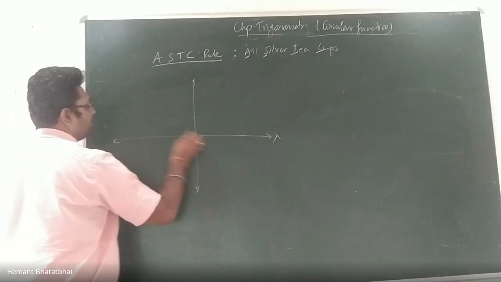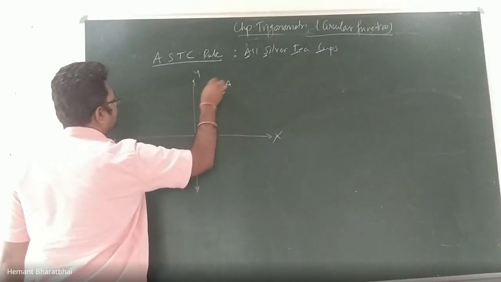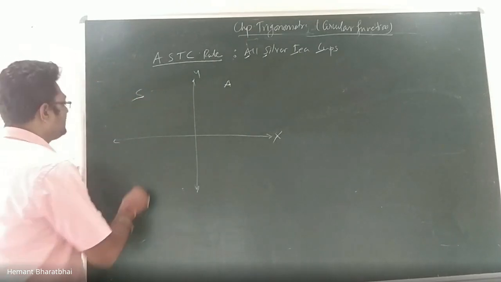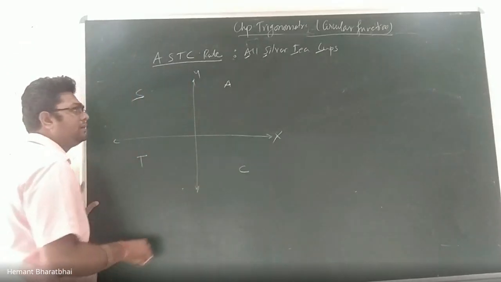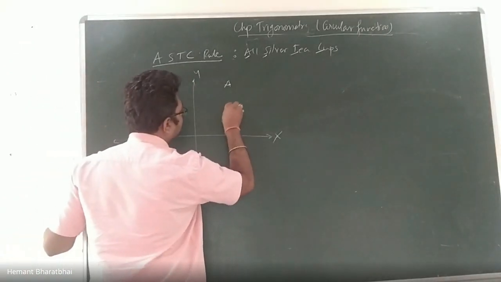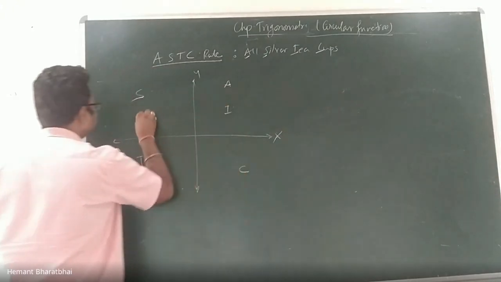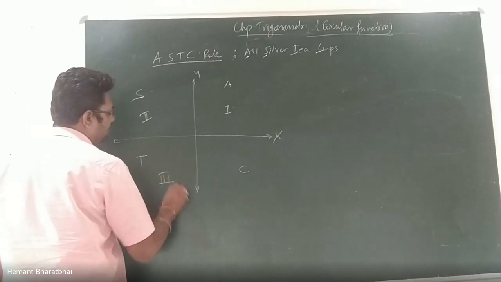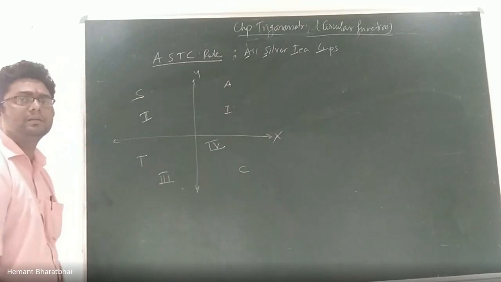So I am coming into my Cartesian coordinate system, and in the first quadrant I write A, in the second quadrant I will write S, in the third quadrant I will write T, and in the fourth quadrant I will write C. This is my first quadrant, this is my second quadrant, this is my third quadrant, and this is my fourth quadrant.